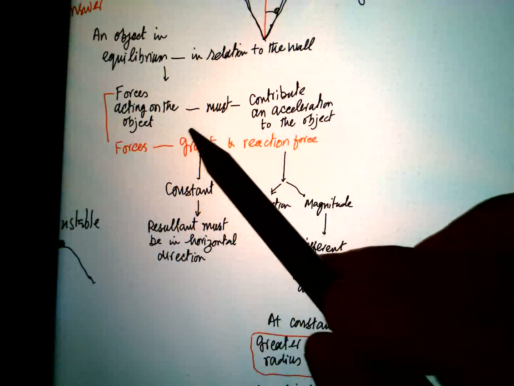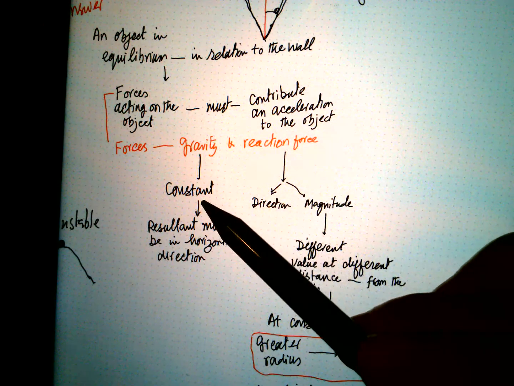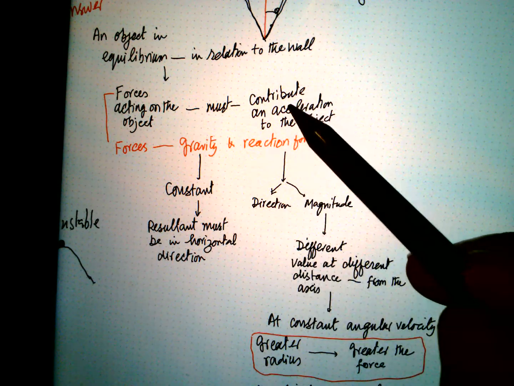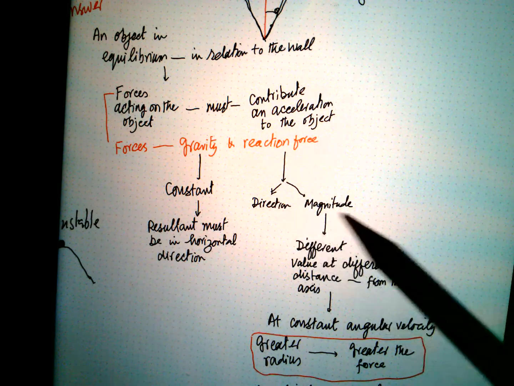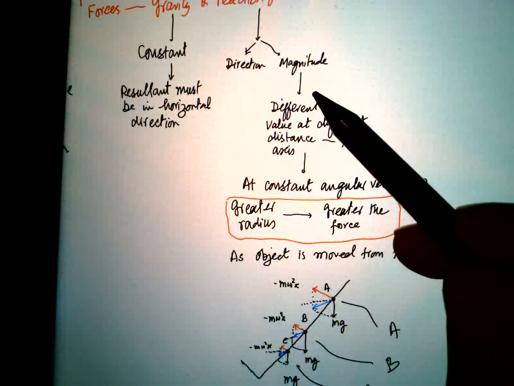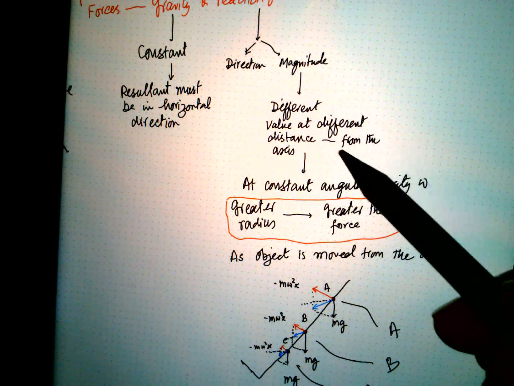The gravity is constant. The reaction force has a direction and magnitude. The magnitude is different for different distances from the axis.